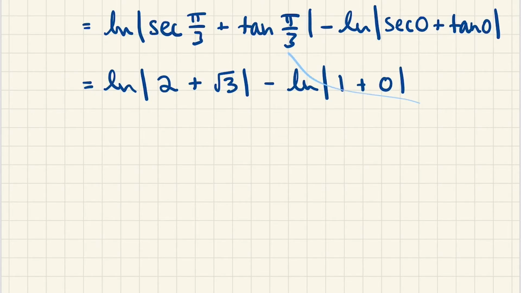So indeed, ln of 1 is, of course, 0. So we have ln of 2 plus rad 3, which that's a positive number, so we don't even need the absolute value. So ln of 2 plus rad 3 is the arc length that we seek. It's the exact length of the curve.